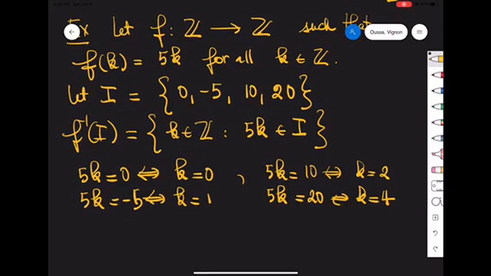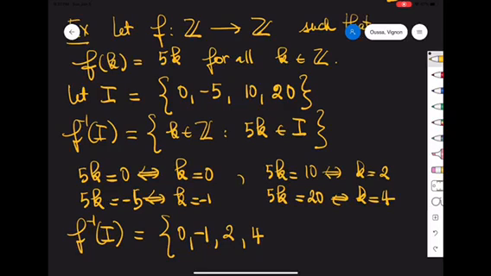So because of that, the preimage of I consists of all integers of the type negative 1, 0, 2, and 4. I'm not ordering these numbers. I don't have to. It's just a set.